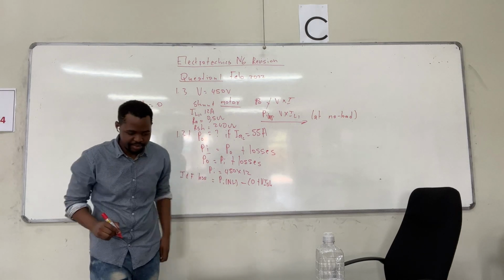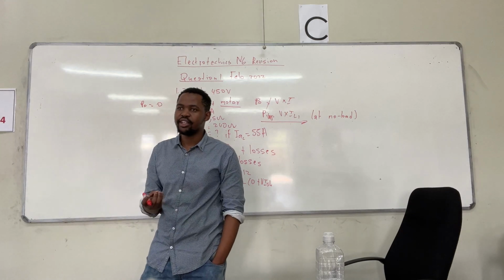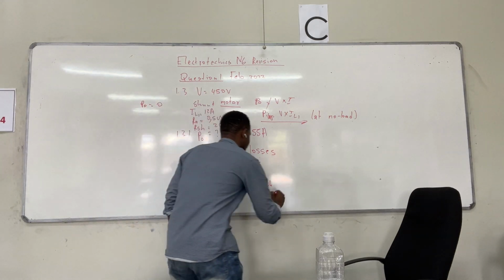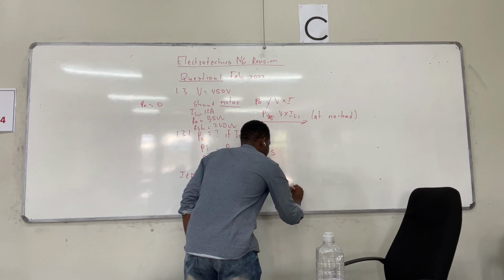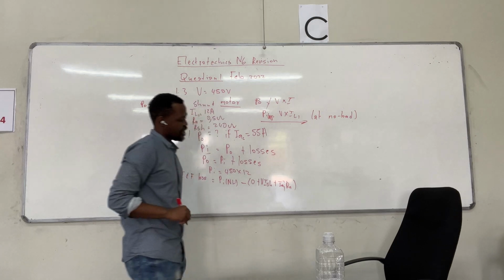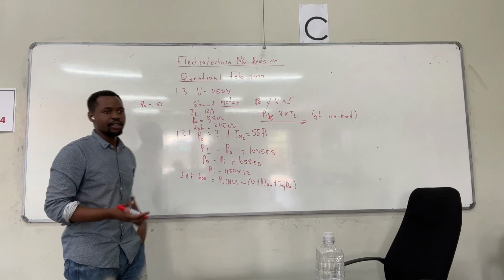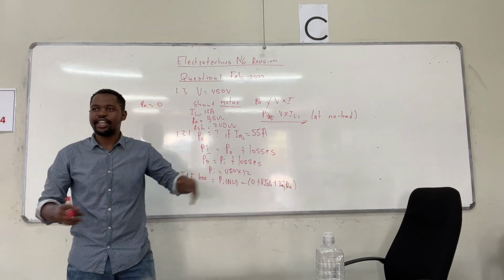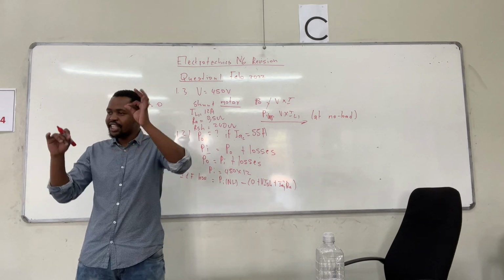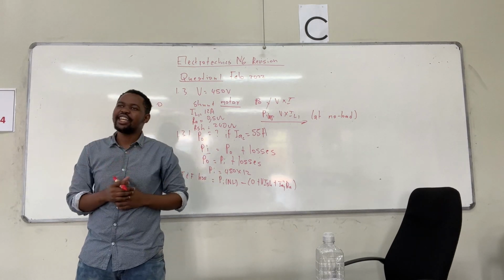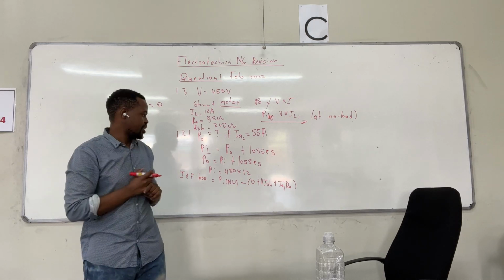and then the variable loss, which is the armature copper loss at no load. Usually, I've seen memos ignore the armature copper loss at no load, so your final answer differs in decimals.